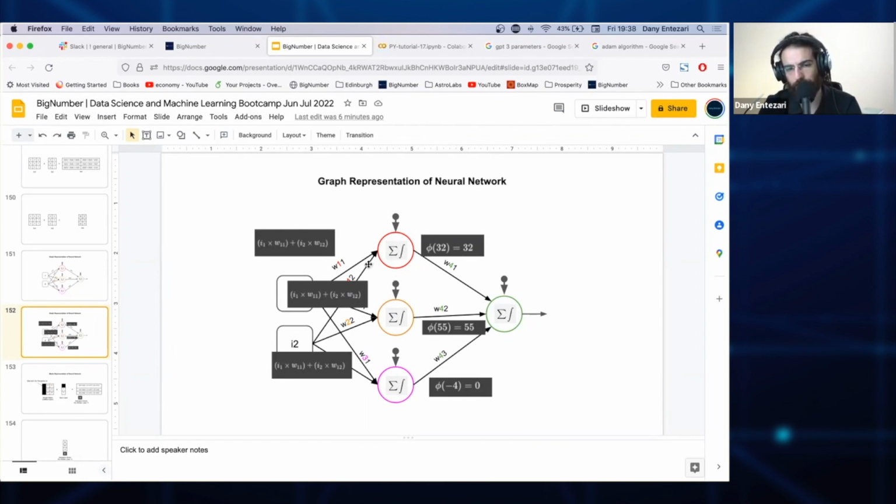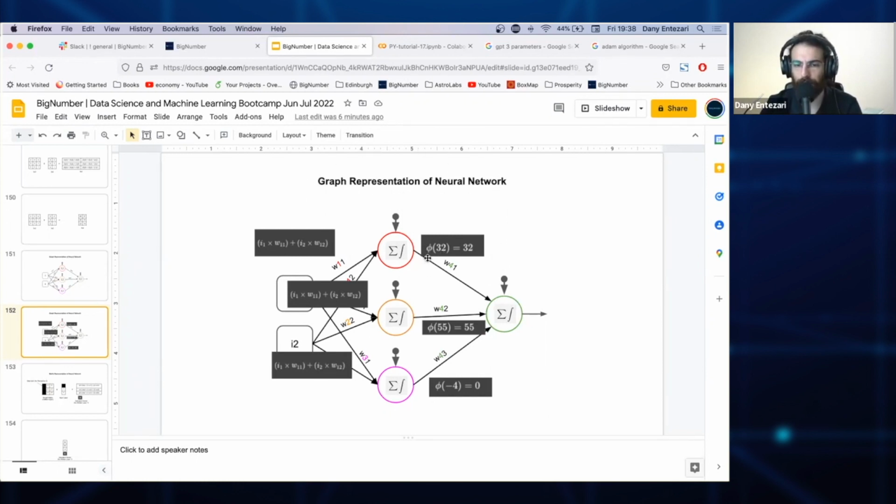Anyway, we multiply each feature by its random weight. So we only have 2 features here. And since this is for the first perceptron, we'll multiply it by its weight. And then we have the sum of the products. So let's say that this sum is 32. We will then take this number 32 and pass it to the activation function.